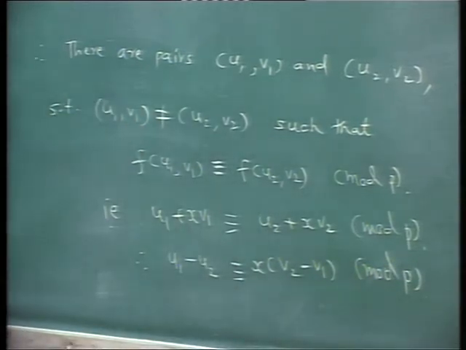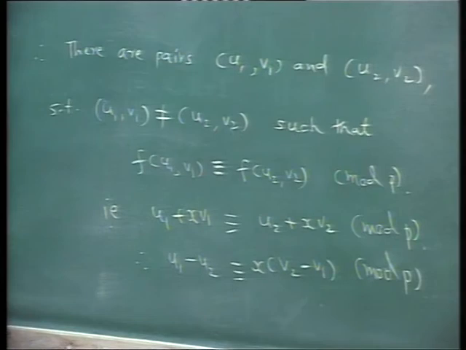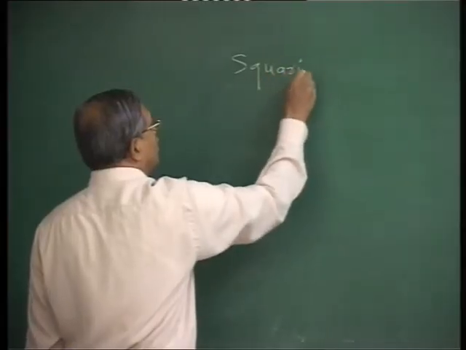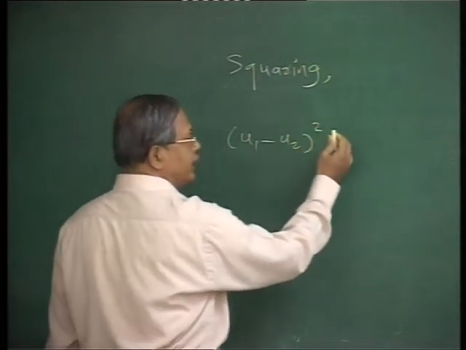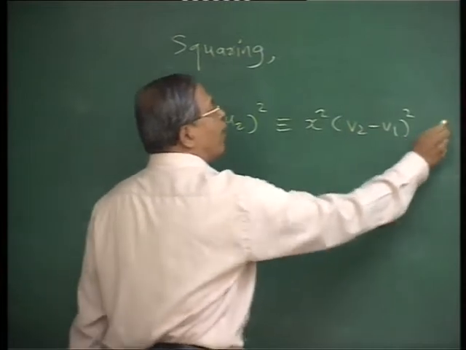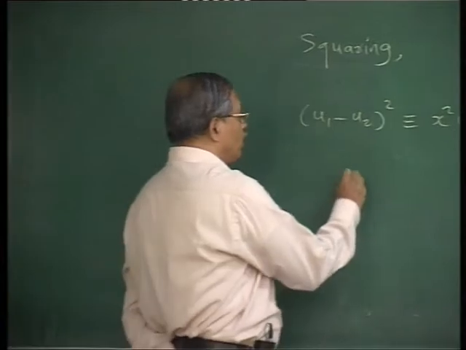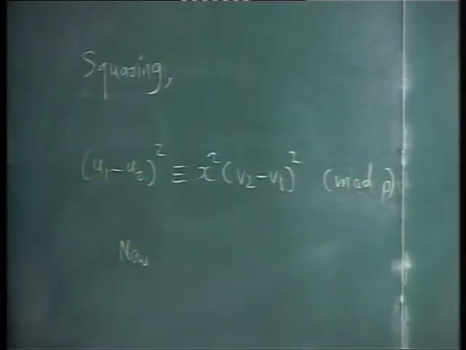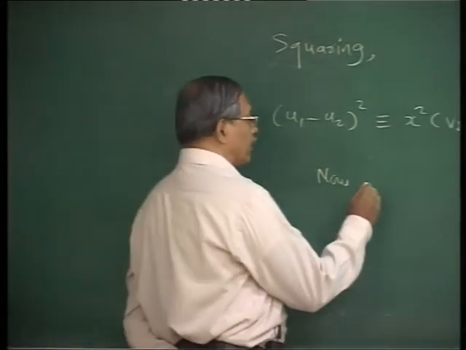And now we shall be getting a solution to p = a^2 + b^2 from this. Let us see how. Square both sides: (u1 - u2)^2 is congruent to x^2 (v2 - v1)^2 mod p. Now, what is x^2? We know that x^2 is congruent to -1 mod p; we have chosen x with that property.